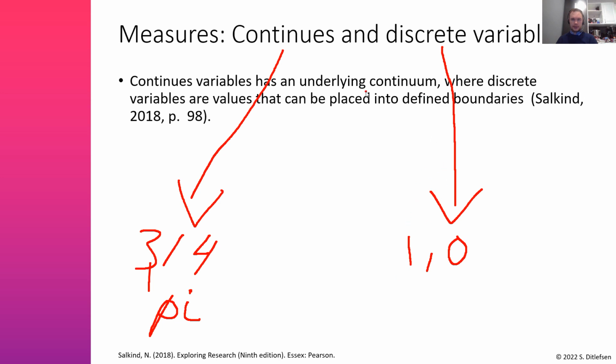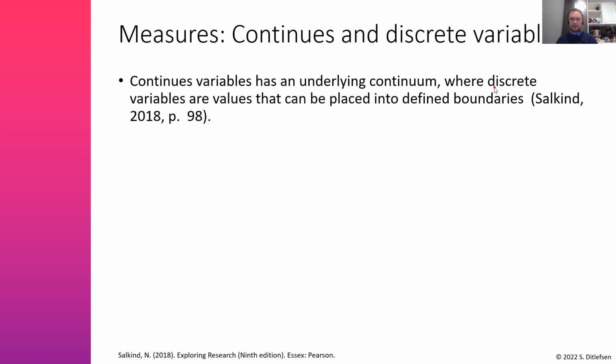So continuous variables have an underlying continuum. This means that they go on forever, or they stop sometimes. So they have a decimal, 3.14, and discrete, they are in categories, 1 or 0. And of course it can be 1, 2, 3, like for example the gender thing. So discrete, yeah, they are much easier to do math with, but continuous, yeah, they are also important. So both, and now you know the difference.